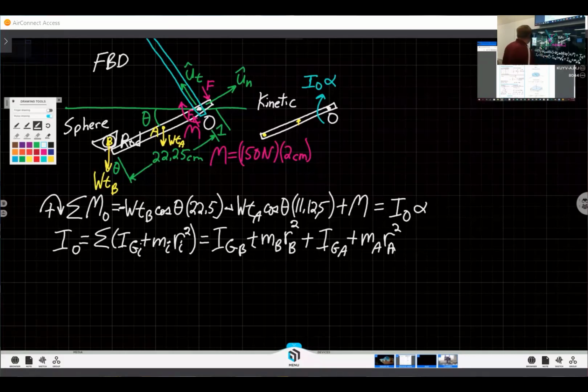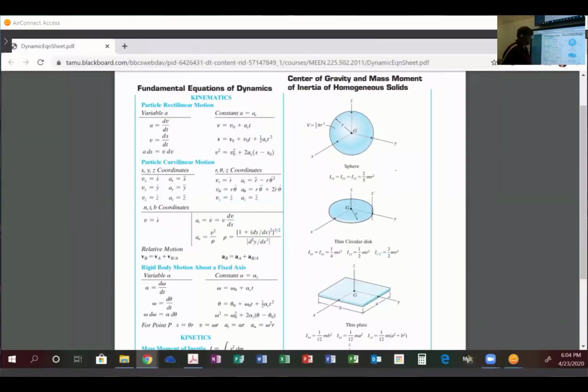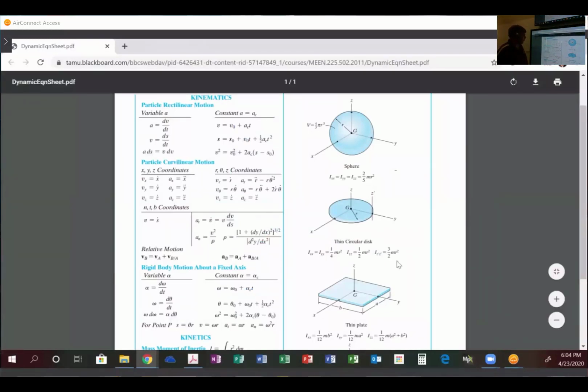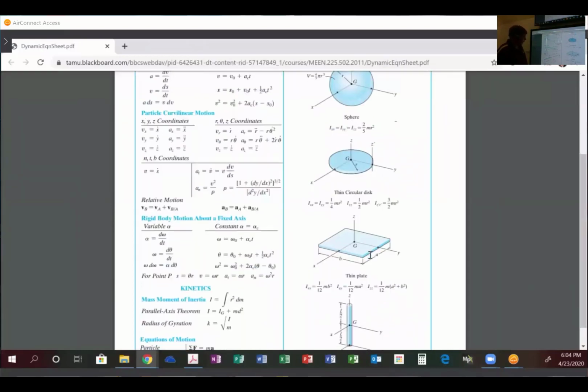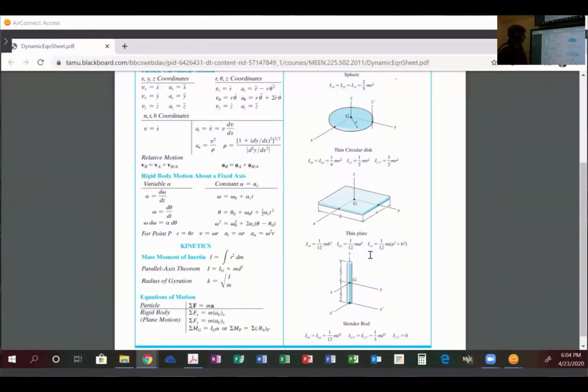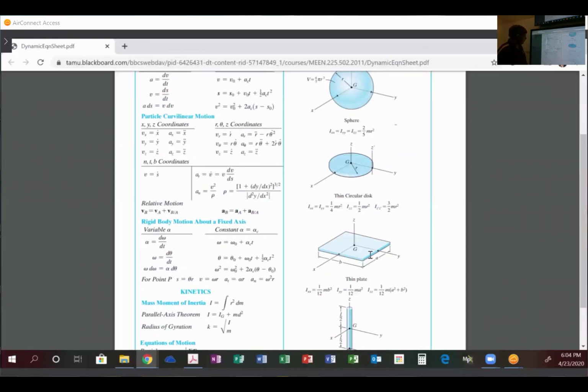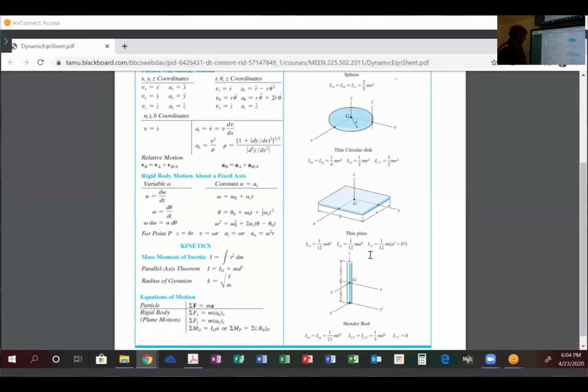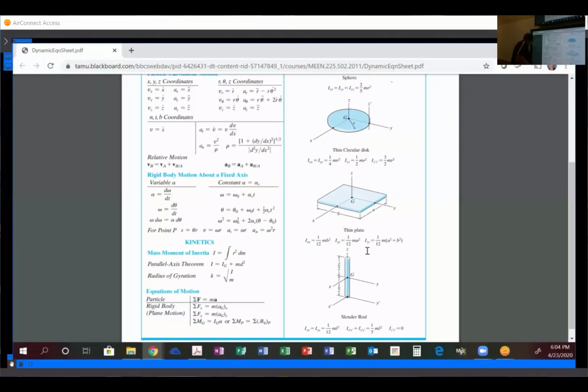So on your equation sheet, what I'm showing here, I'll throw this up big real quick. We have our two equations for a sphere and a rod, basically the equations that we're using to figure out those IG terms, 2/5 and 1/12.